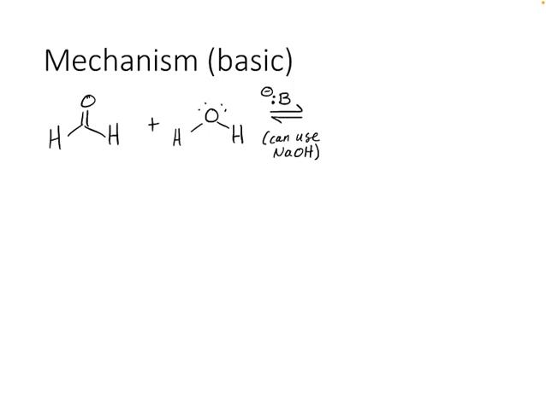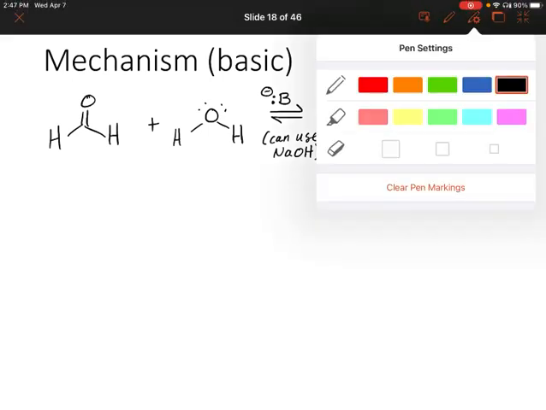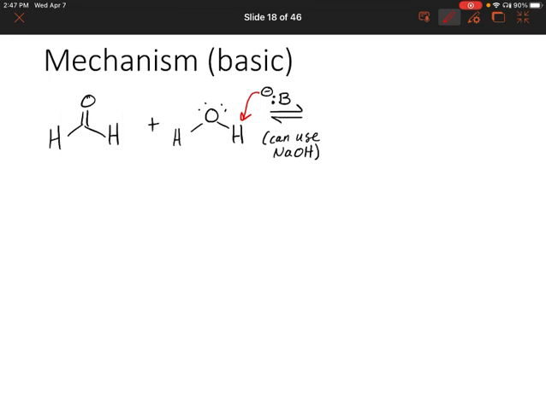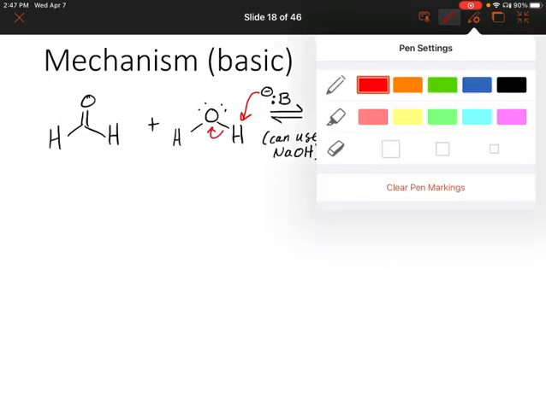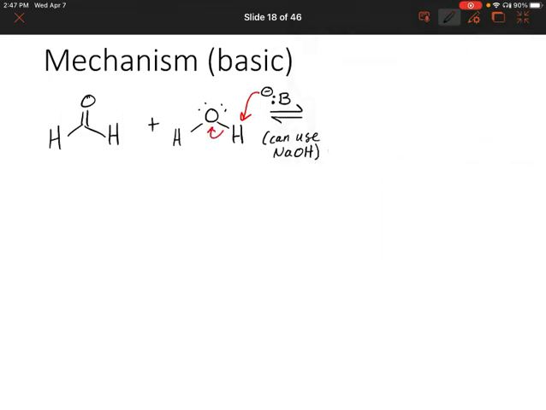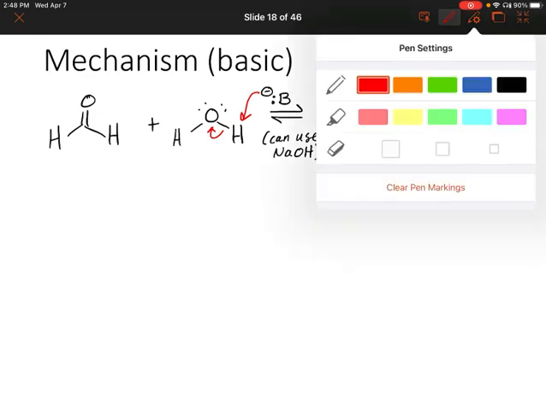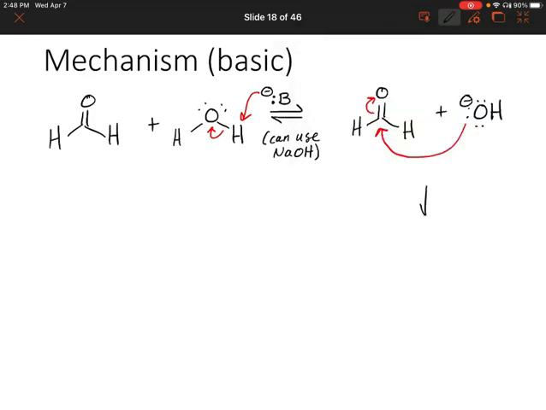Probably water, right? Okay, so that's going to create a stronger nucleophile, the hydroxide ion. And now that nucleophile can come in, attack our partially positive carbon, move electrons up to oxygen.